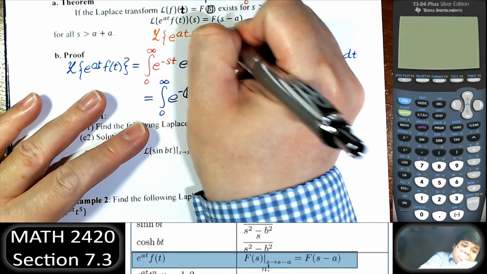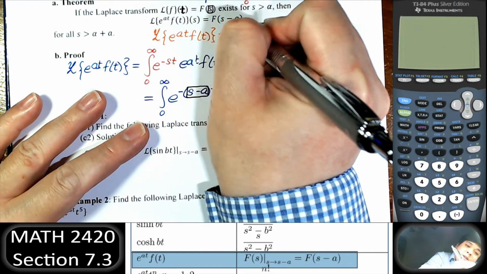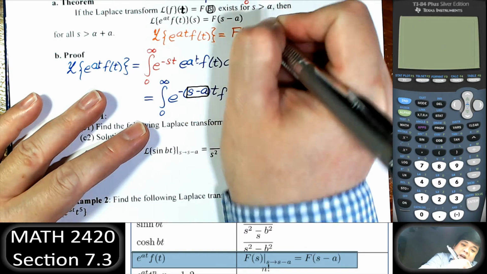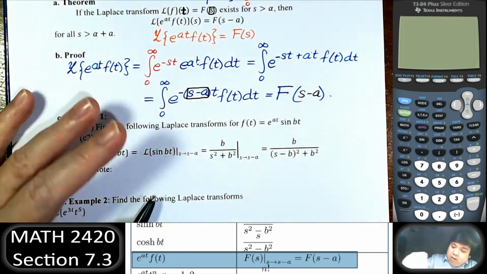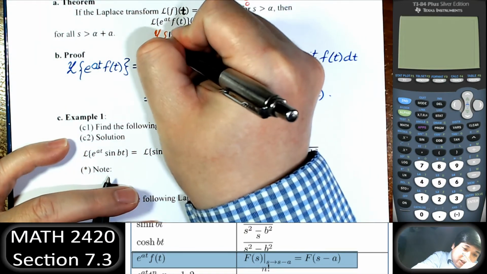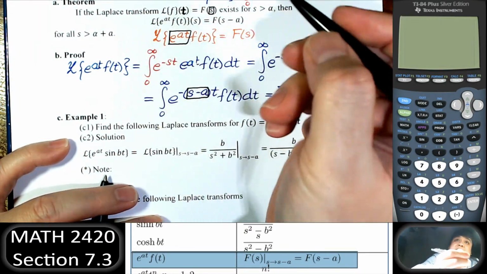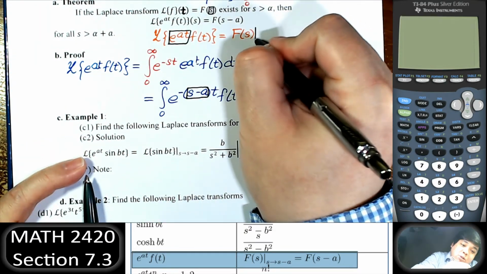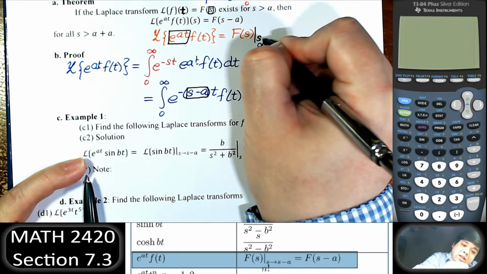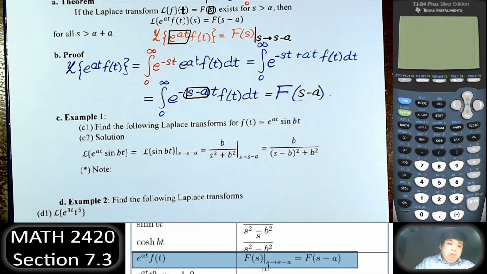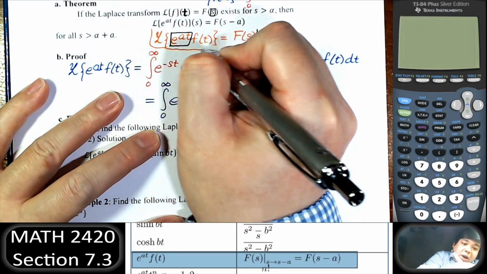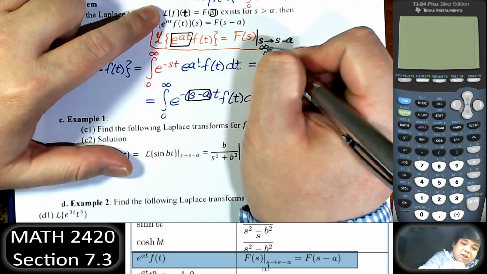First, it's going to be the transform of the function f of t to F of s. But for this e to the at, after we do the transform, we'll replace s by s minus a. That is the formula that I highly recommend that you use instead of this.